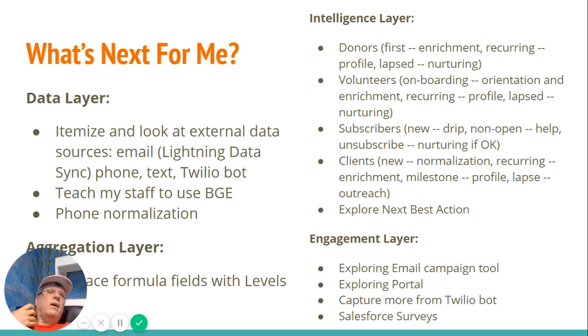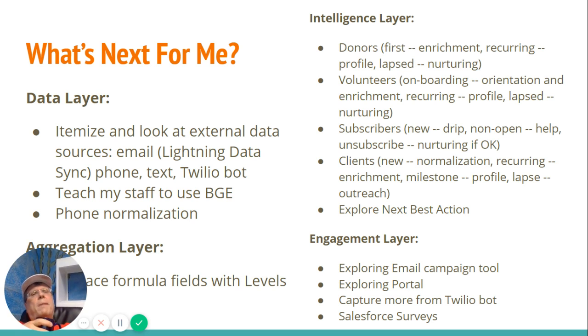At the intelligence layer, we are going to do a ton of engagement plans. For donors, we're going to assign a first donation engagement plan that's mostly about enriching and looking towards recurrence. When somebody is a recurring donor, we're going to build a profile for them in our Salesforce system.